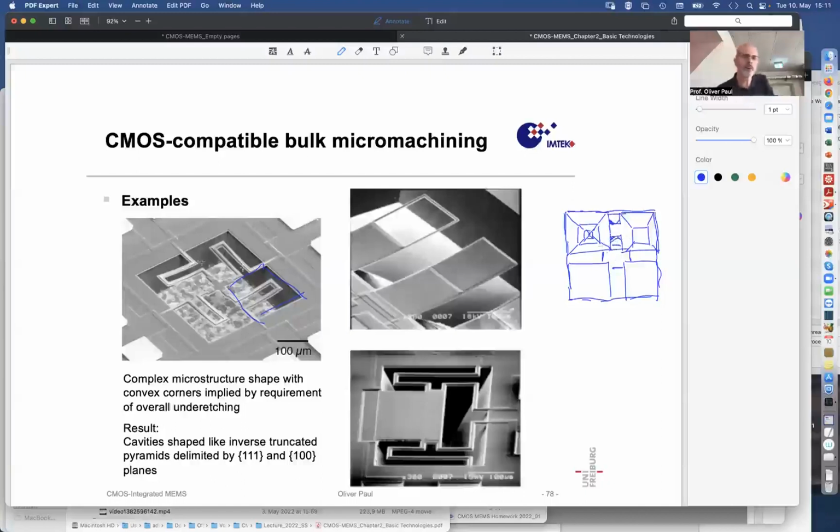And so this is what happens here. By these convex corners, well, I don't see the convex corner here so well in this color, so let me draw another color. This convex corner and this convex corner get under etched. This convex corner also gets under etched here as well.